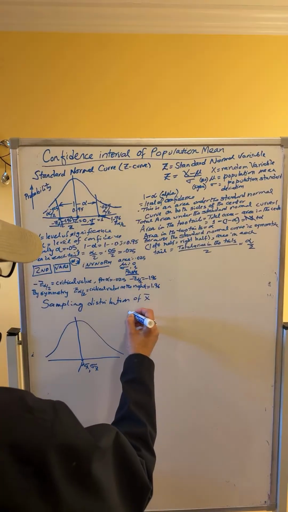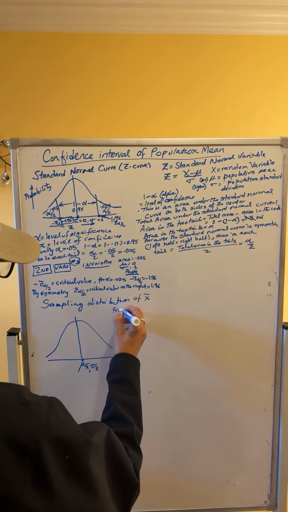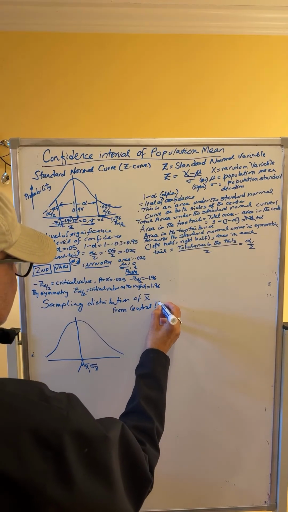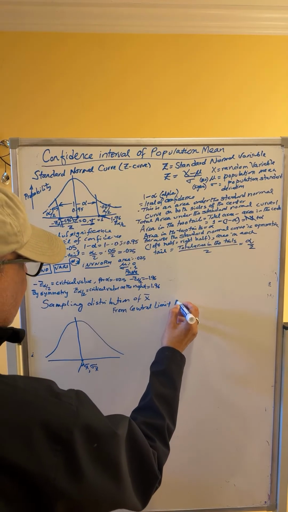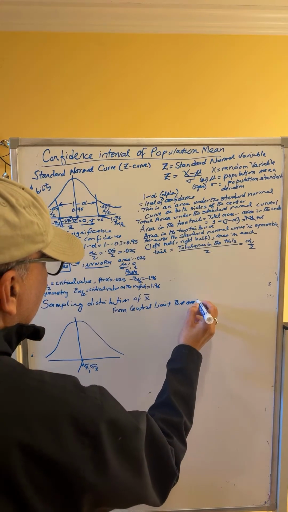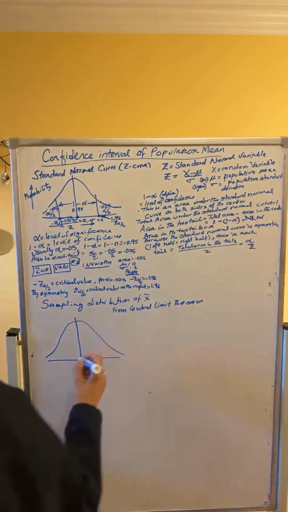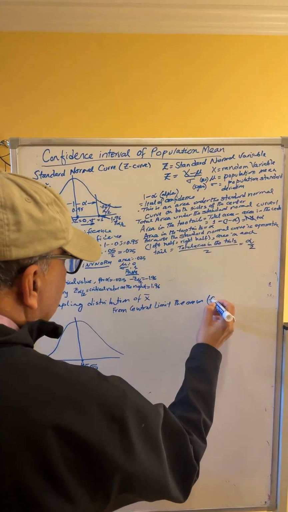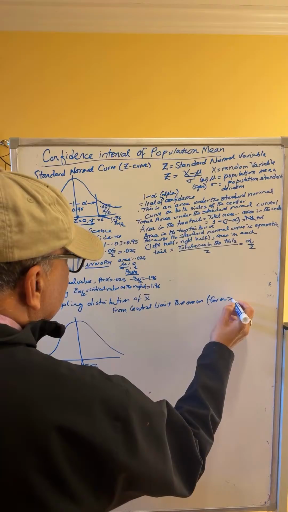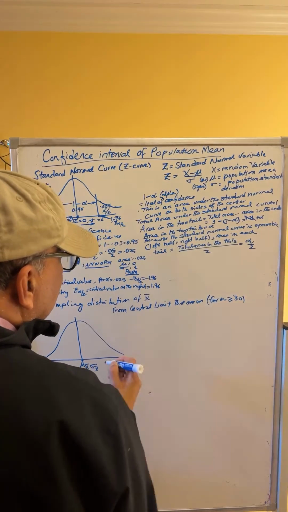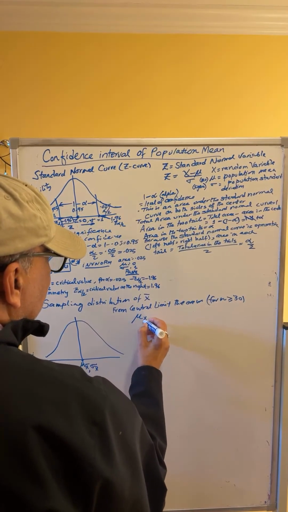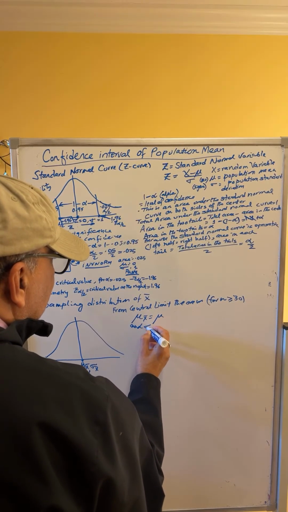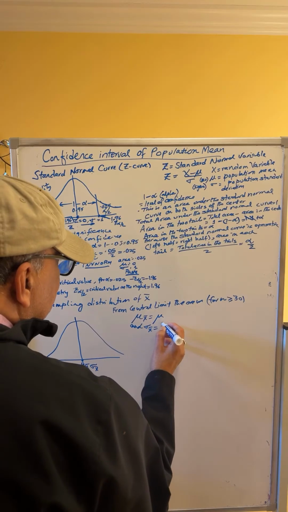So we know from the central limit theorem, for n greater than or equal to 30, mu x bar equals mu.